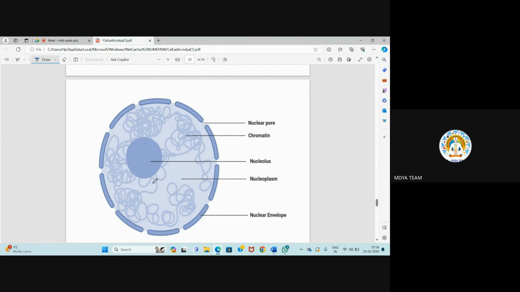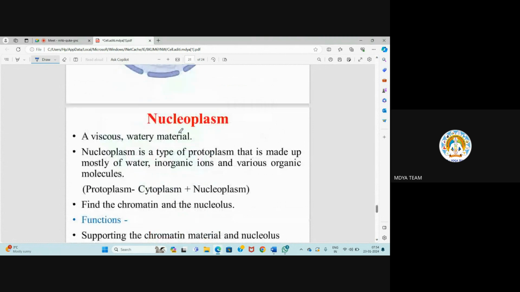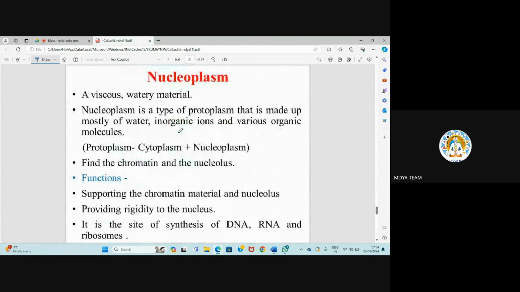So these thread-like structures are known as chromatin. These are the genetic materials. We will learn all this further. And yes, there is also nucleoplasm as like cytoplasm in the cell. So we will learn now nucleoplasm.